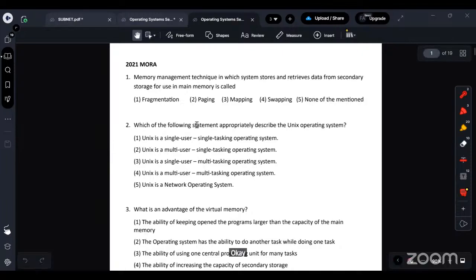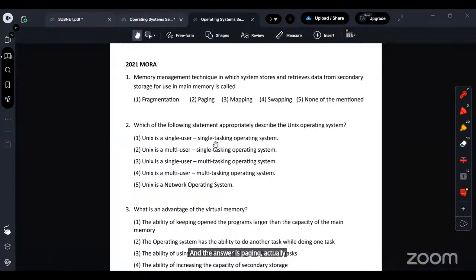Okay, if it is paging, then what is swapping? Right. So yes, many people fall for this trap, and the answer is paging actually.